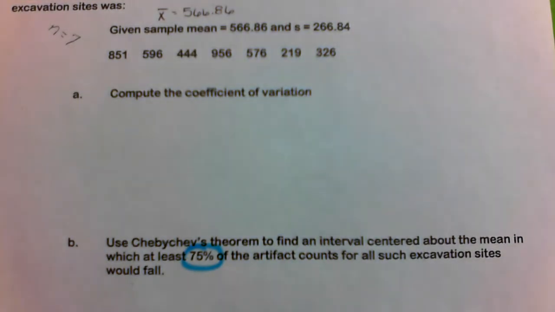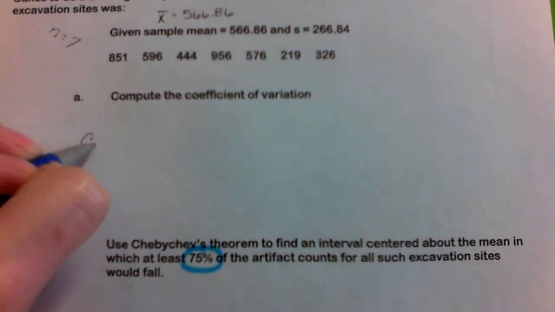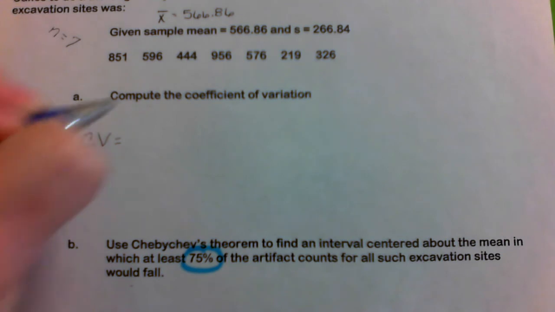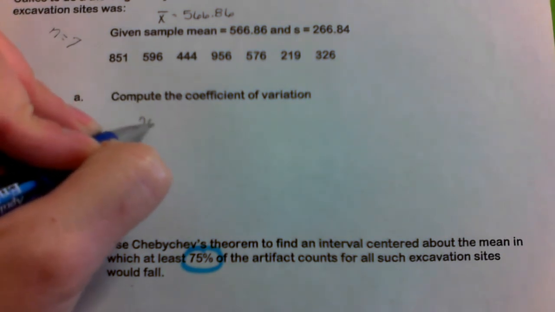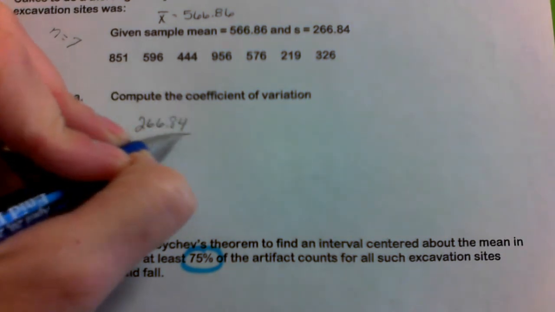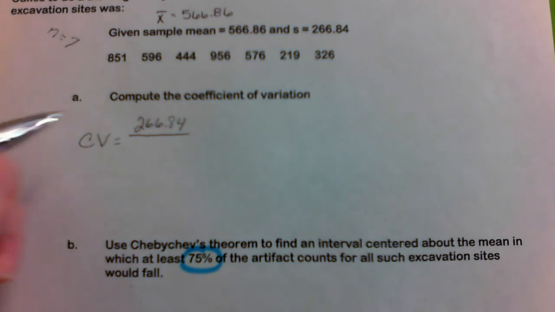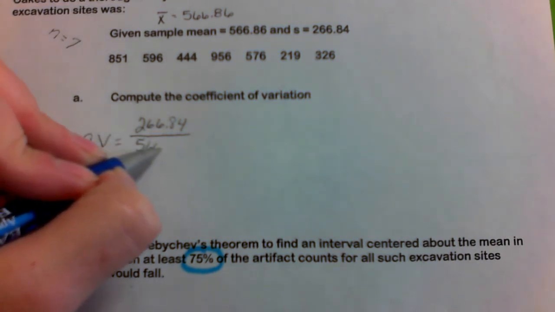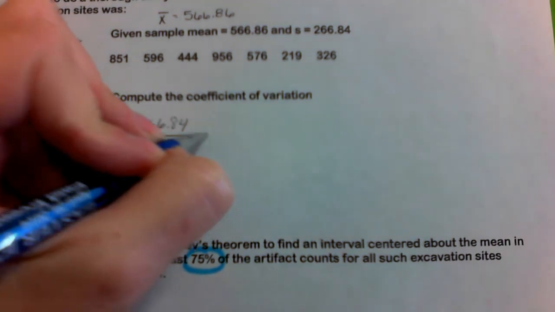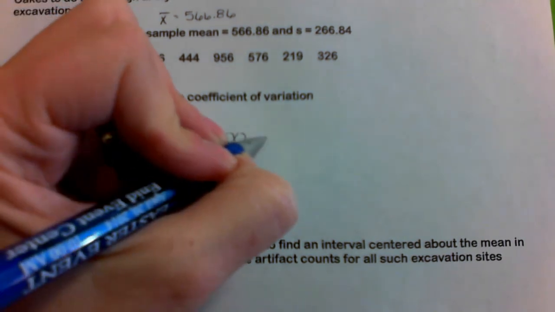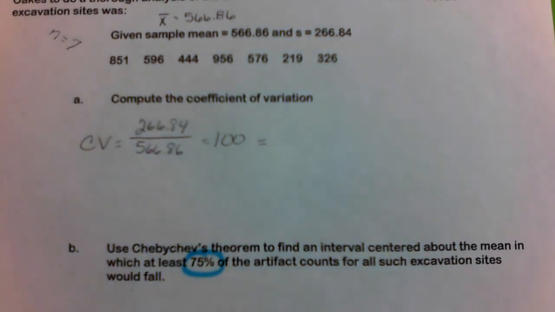So the coefficient of variation, if you recall, is standard deviation, 266.84, divided by the mean, 566.86, and then you multiply it times 100, and this gives you a percent.